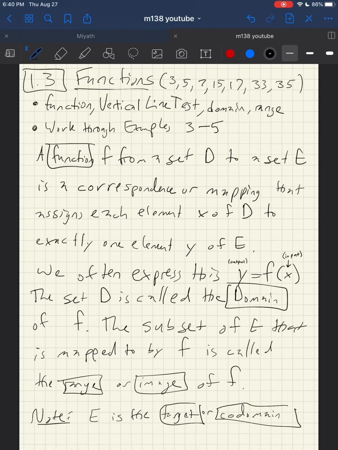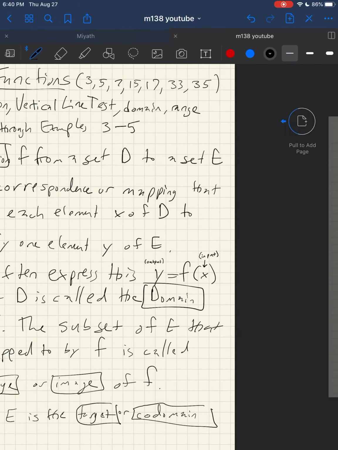And so this is a problem. So we've actually defined the range to be the subset of that set that is attained or is mapped to by f. And if this distinction doesn't make a whole lot of sense yet, don't worry about it too much. It's not going to play a huge role in what we're doing in this class. But I do want you to be aware of it because this is a distinction that I find often lacking in earlier preparation, and it can get you into trouble later on.